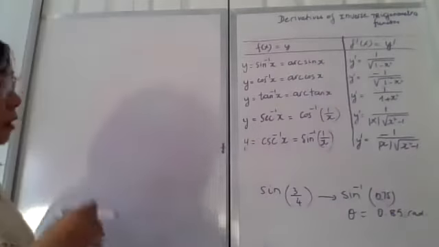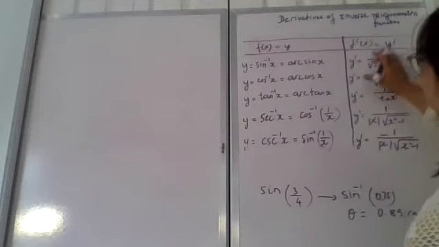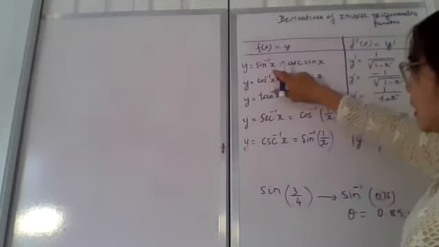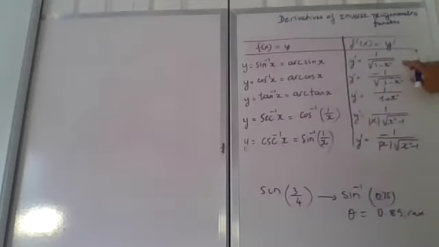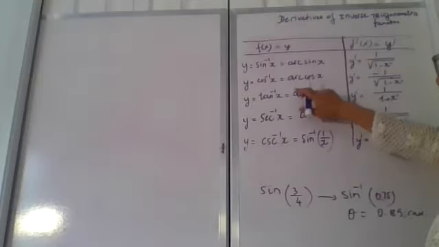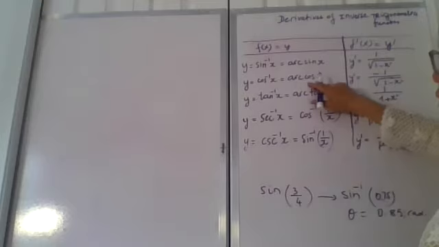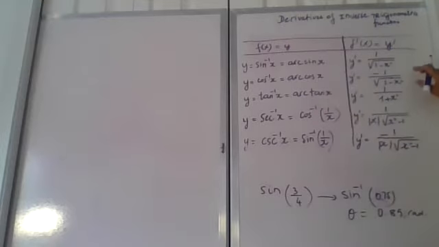So now let's see what the derivative is. If you want to take the derivative of the inverse of sine, or arc sine x, the answer here is 1 over the square root of 1 minus x squared. For the inverse of cos x, the answer for the derivative is exactly the same as for sine, except that you have a negative fraction.